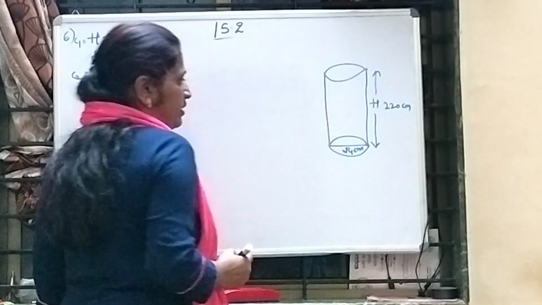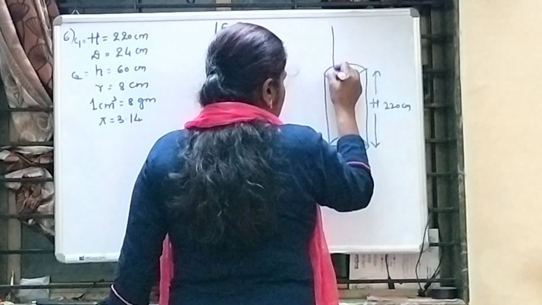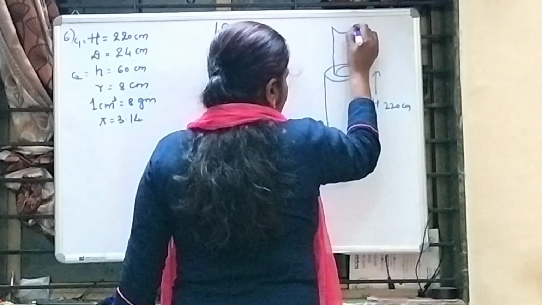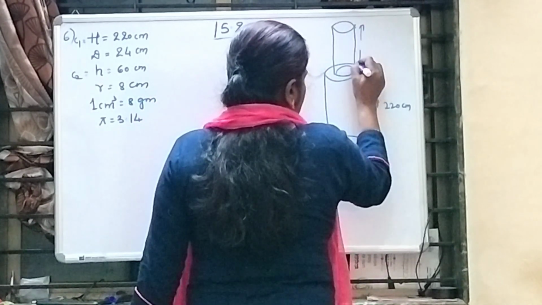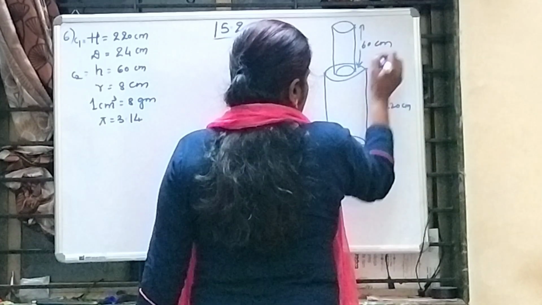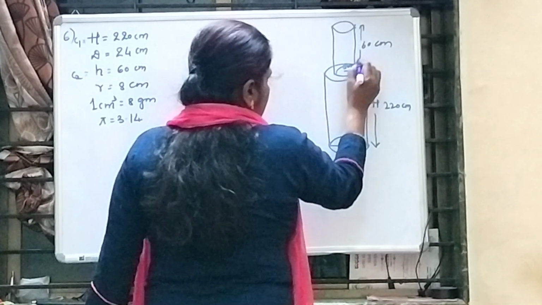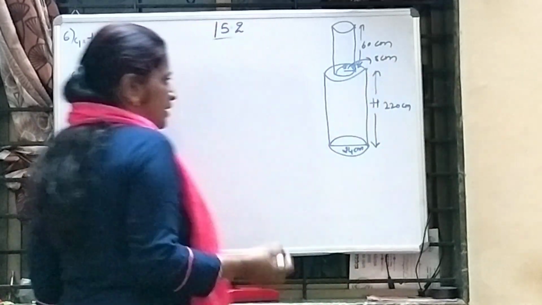On this is surmounted another cylindrical pillar which has a height of 60 centimeters and its radius is given as 8 centimeters.